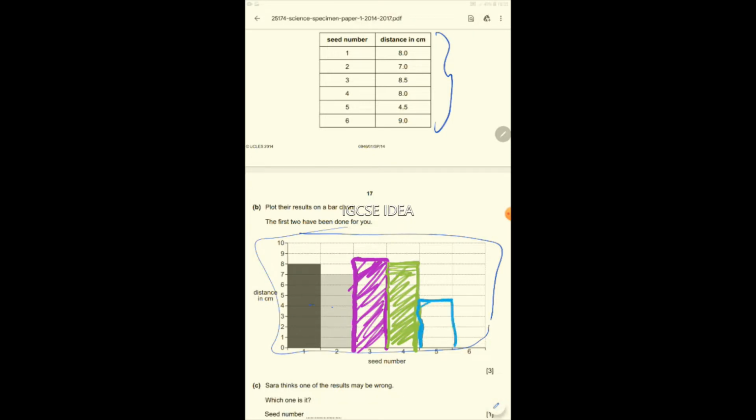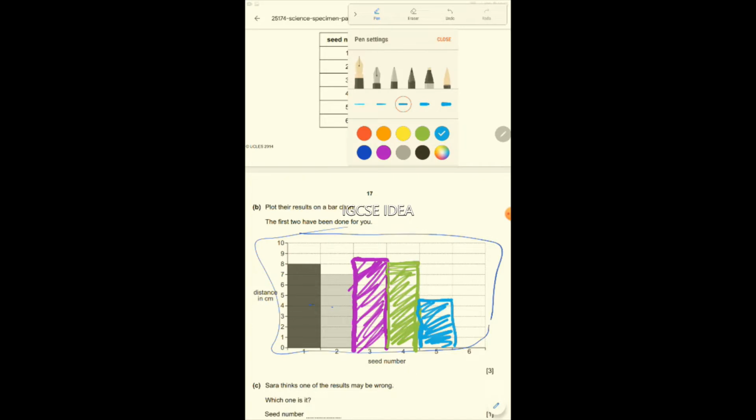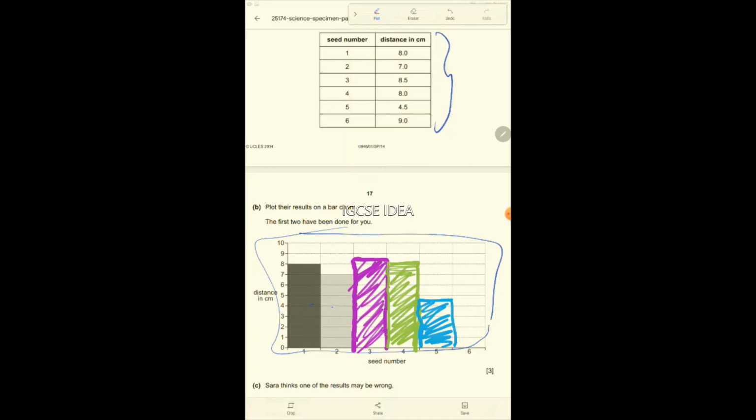And the last seed, seed number 6, is dispersed 9 centimeters. There.